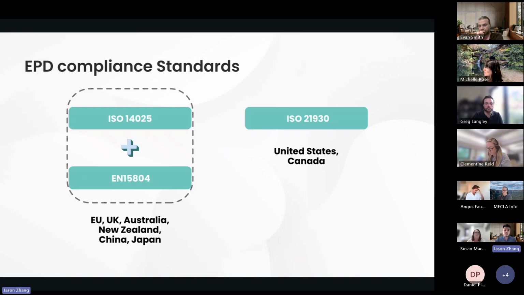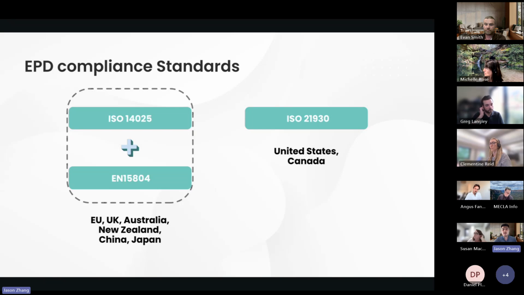In Australia and New Zealand, we follow ISO 14025 plus EN 15804, this combination. For any EPDs not following this standard, they're not comparable. This is a combination standard used across the world, covering the EU, China, Japan and our region.